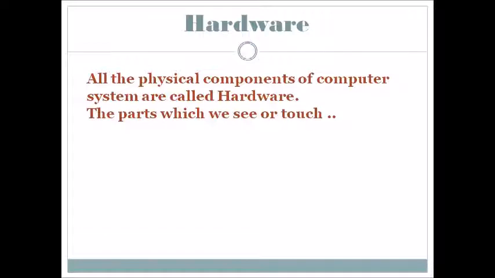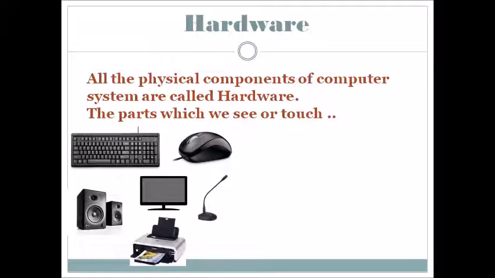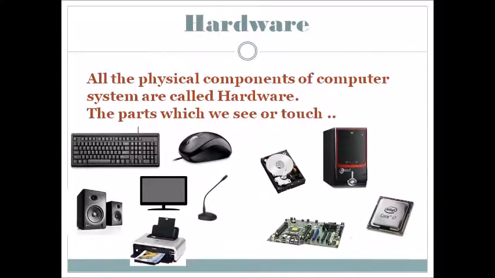Some of these parts are visible outside the CPU box, like keyboard, monitor, mouse, speaker, printer, microphone, etc. Others are inside the CPU box, like hard disk, motherboard, CPU chip, etc. Some commonly used hardware components we will discuss.